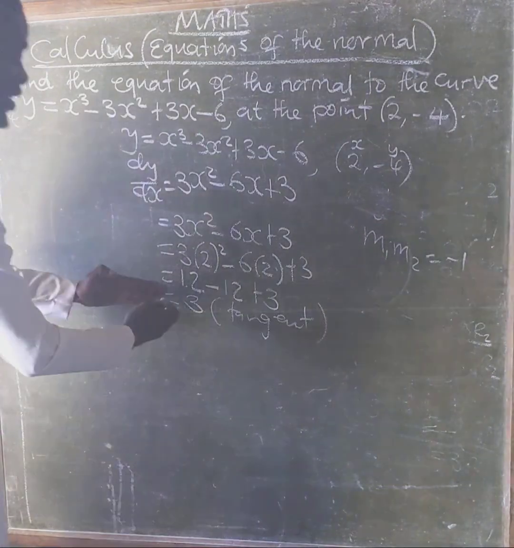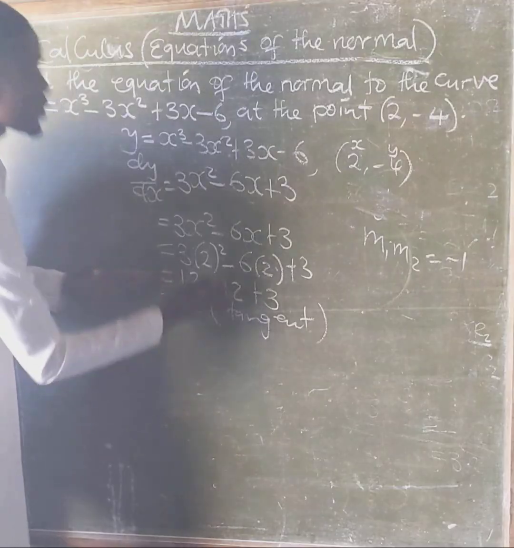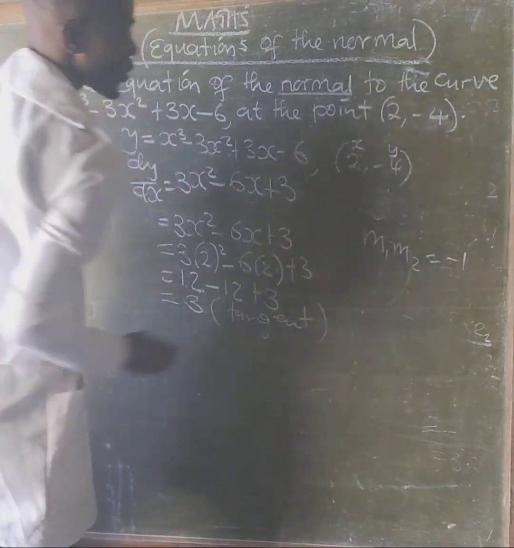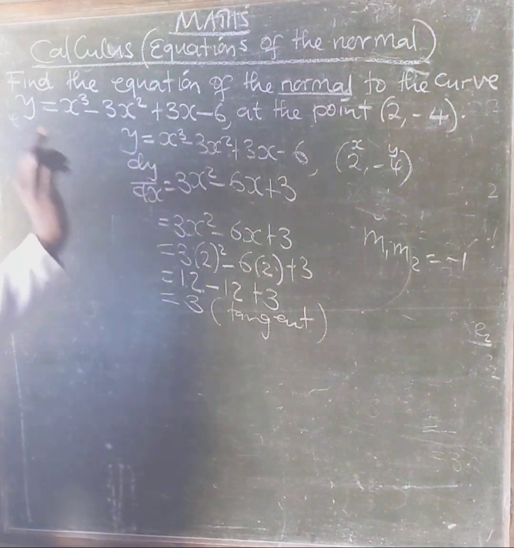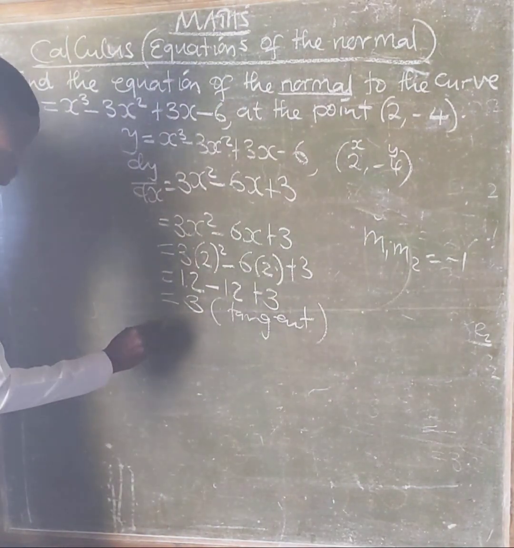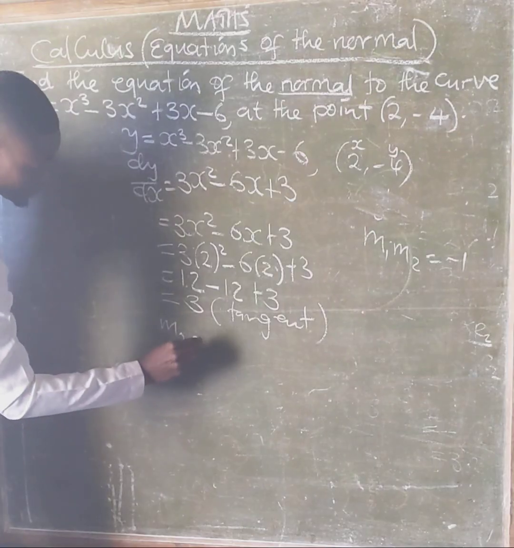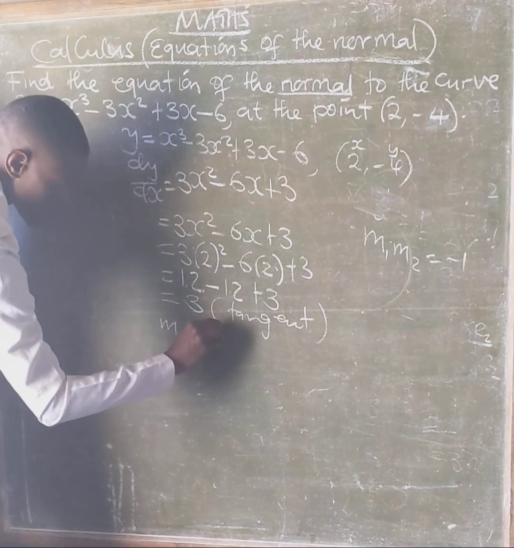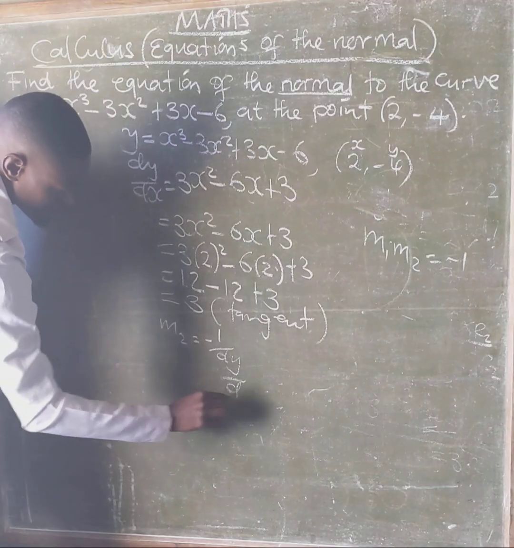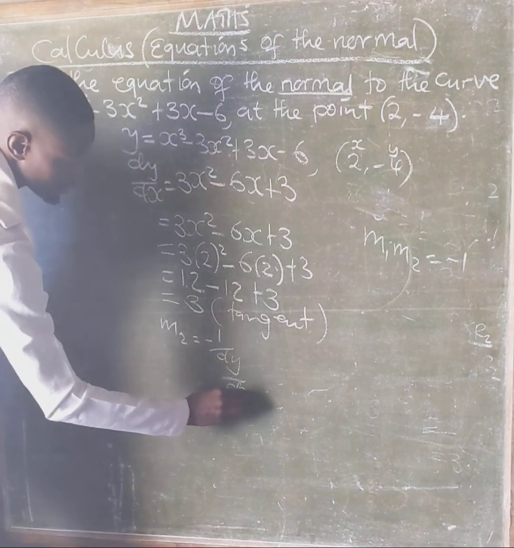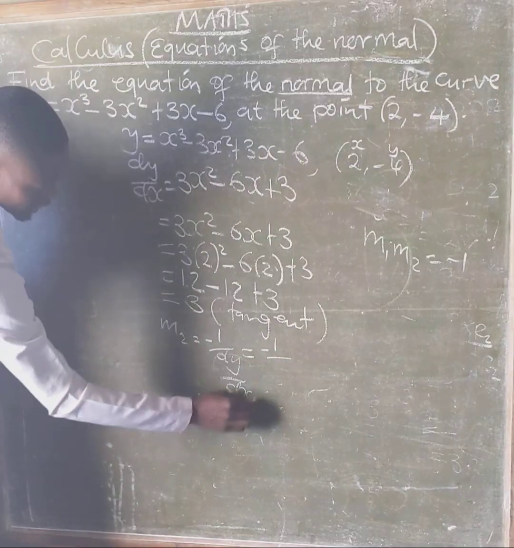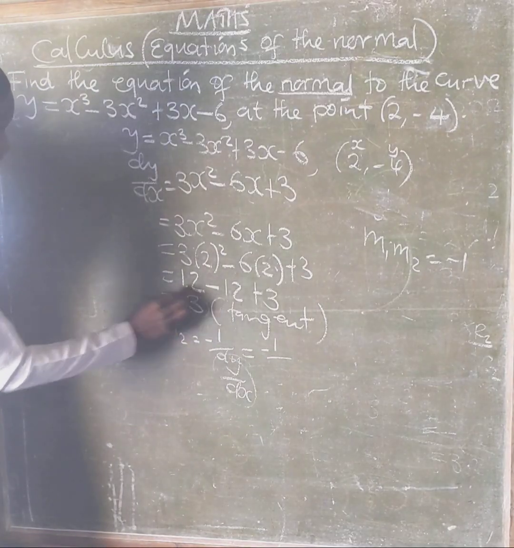So here what you have found is the gradient of the tangent, but they want you to find the equation of the normal. So find the gradient of the normal. The gradient of the normal is given by negative 1 over dy/dx, where dy/dx is this one here.